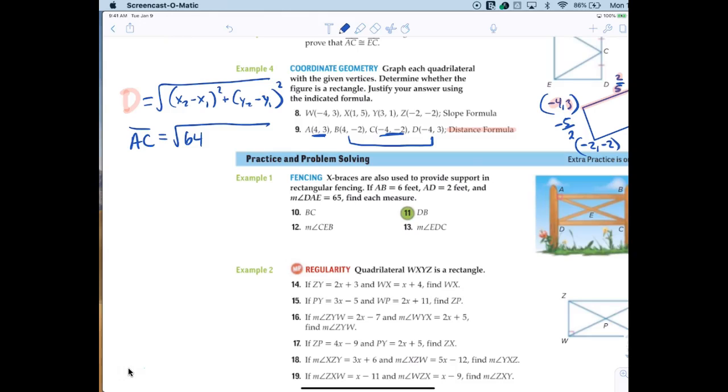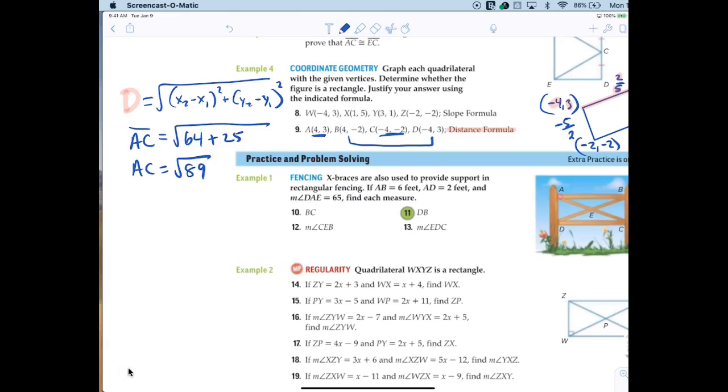Then 3 plus 2 squared. 25. Plus 25. So AC is the square root of what? Stop. Get a calculator. 89. Yeah, 89.